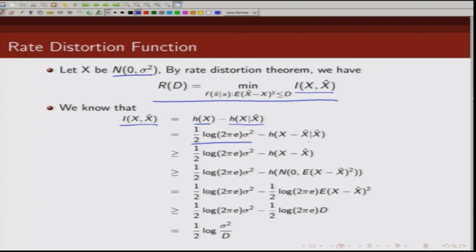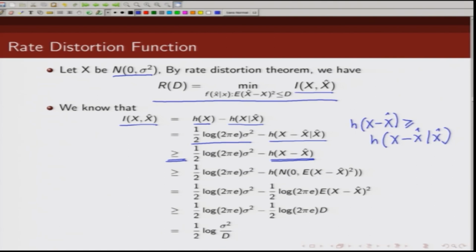Now this is the differential entropy of X minus X hat conditioned on X hat. So, we know that conditioning cannot increase entropy. So, h of X minus X hat is going to be greater than h of X minus X hat given X hat. So, in this step we are subtracting a larger quantity, and that is why I have a lower bound here.